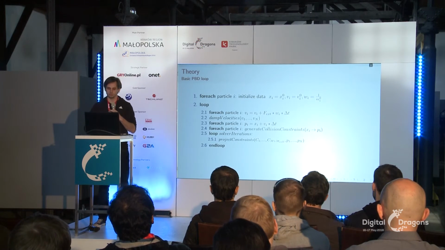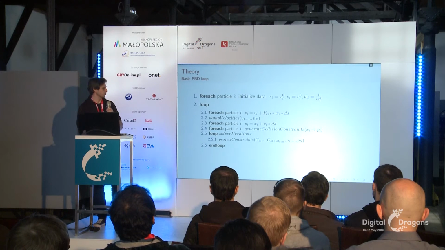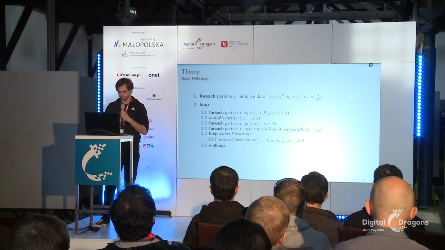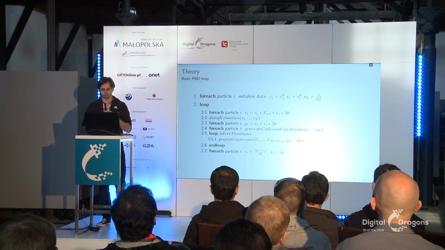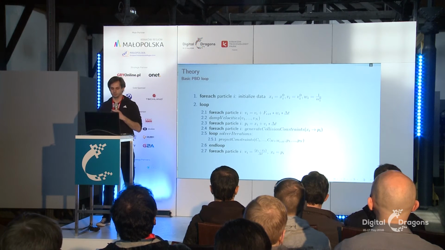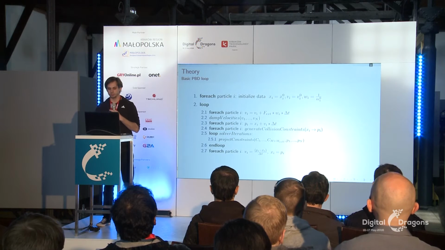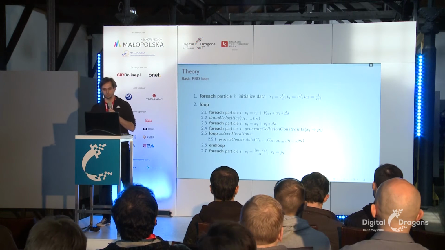We do this in a loop. In most cases, one iteration is sufficient. After that, we recompute the velocity of the particle, using the corrected predicted position and the position from the beginning of our loop.